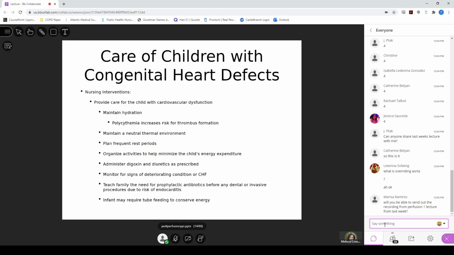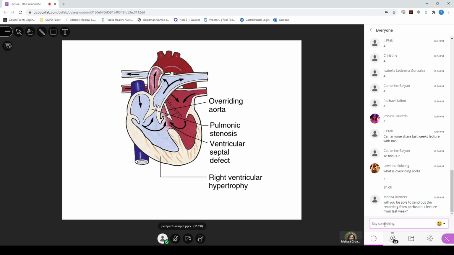Good, a lot of slides. You see where the VSD is in this picture, and you see where the overriding aorta comes down right where the VSD is.